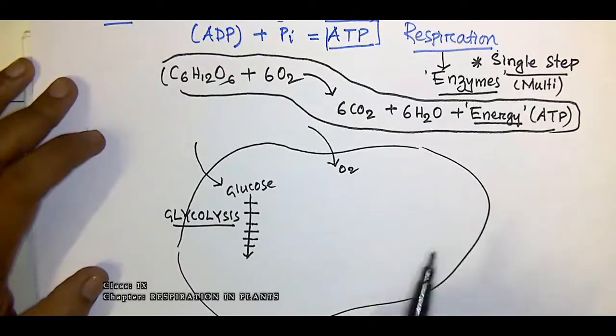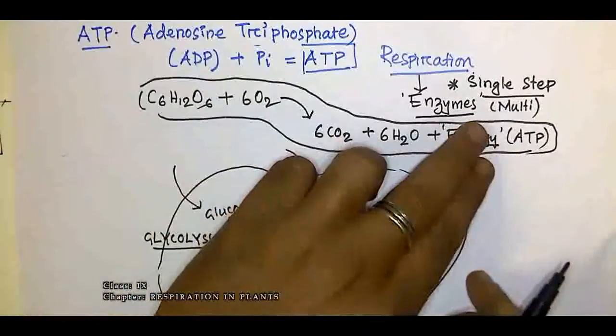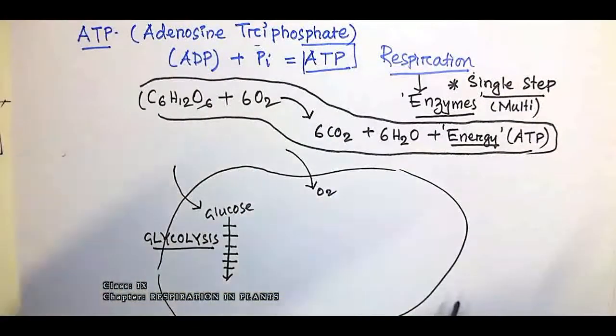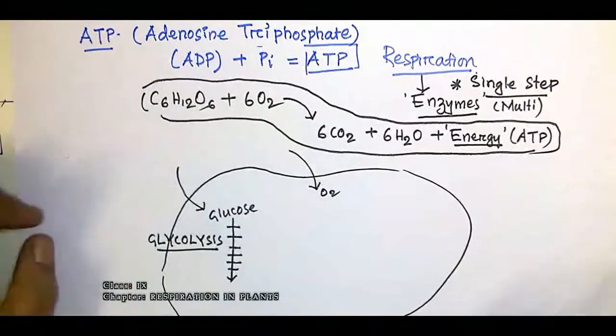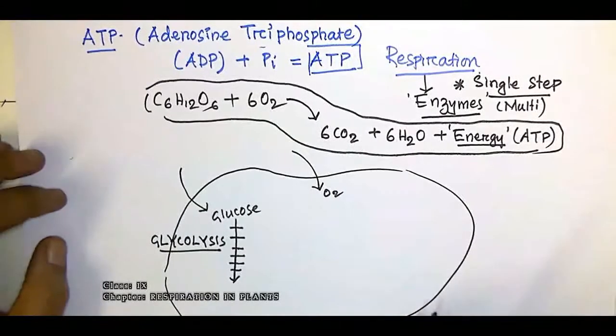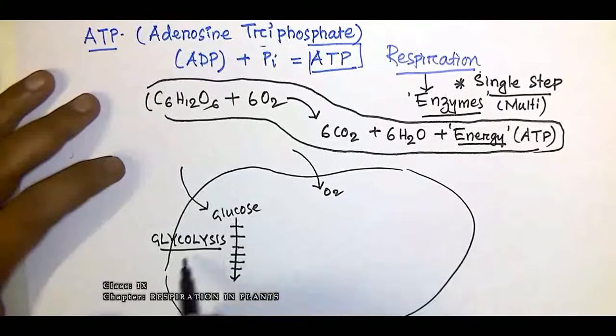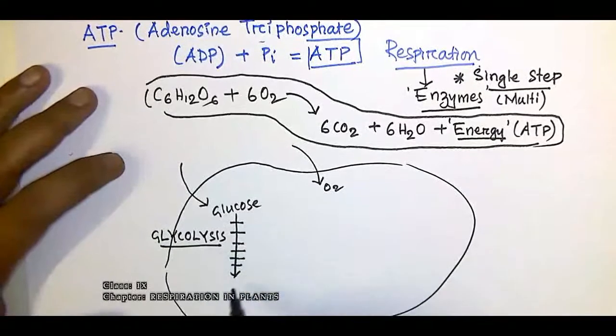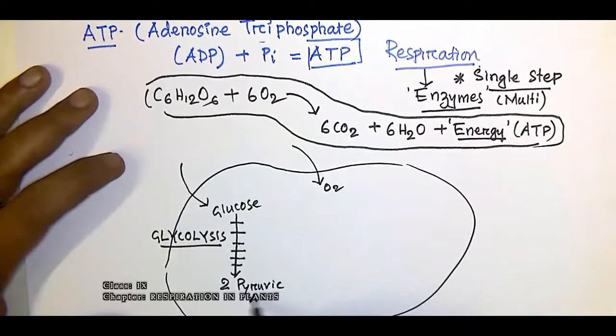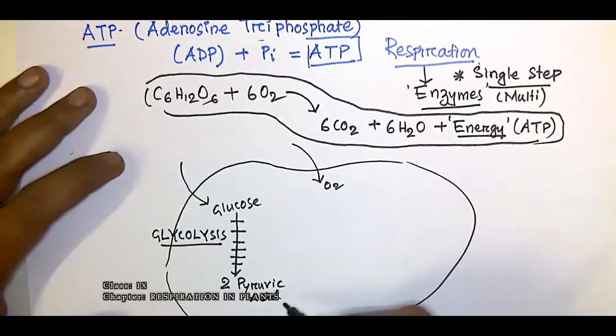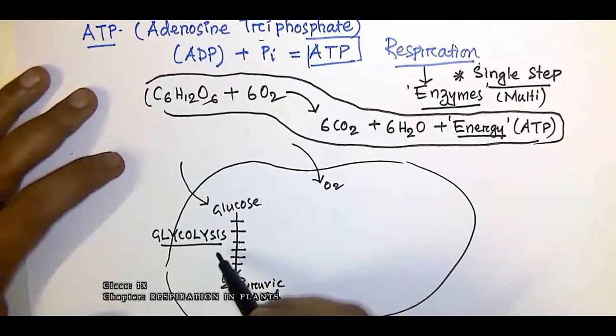And as I already told you, it is a multi-step process, so in every step there must be a separate specific enzyme involved. So what happens is this glucose in the process of glycolysis is eventually going to get converted into two molecules of pyruvic acid. So conversion of glucose into two molecules of pyruvic acid is what we call glycolysis.